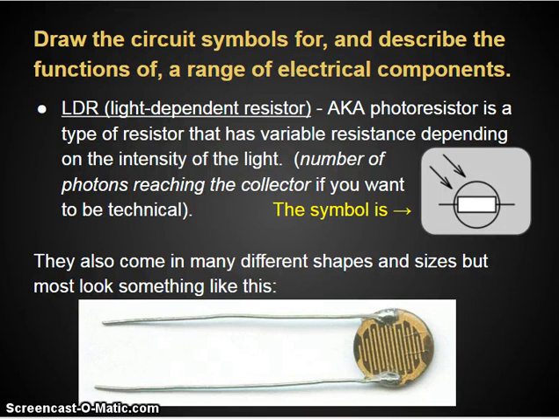Now, the intensity of the light will cause this resistor to either increase or decrease in resistance. The symbol for it is the resistor symbol with a circle around it and then 2 arrows pointed to that circle. Those 2 arrows represent light. You're going to see that in a few other components that have to do with lights. They come in a lot of shapes and sizes, but they look something like the image on the bottom right there.